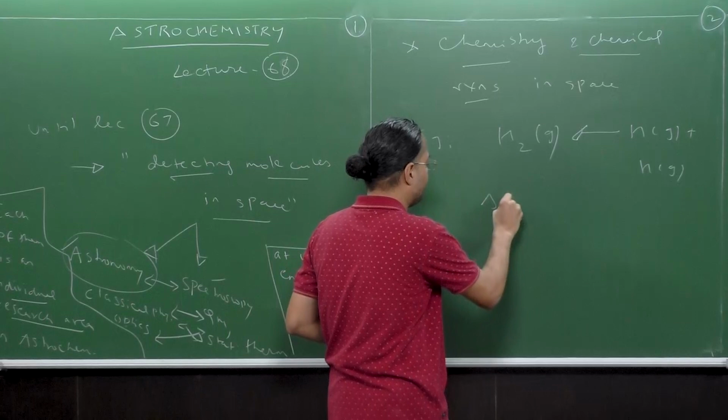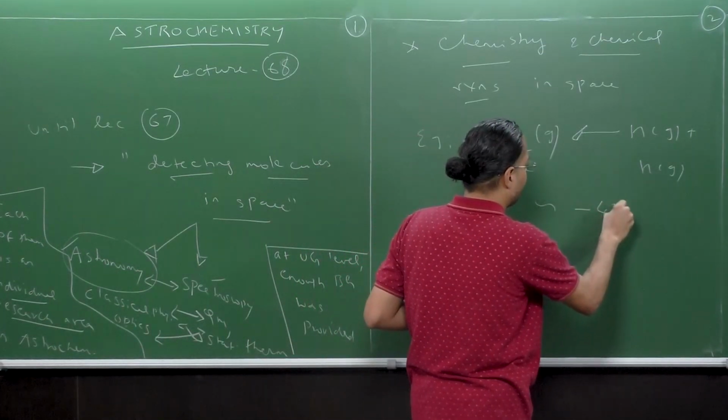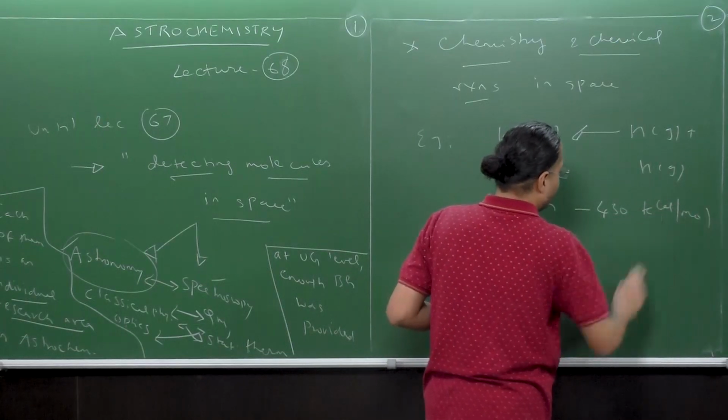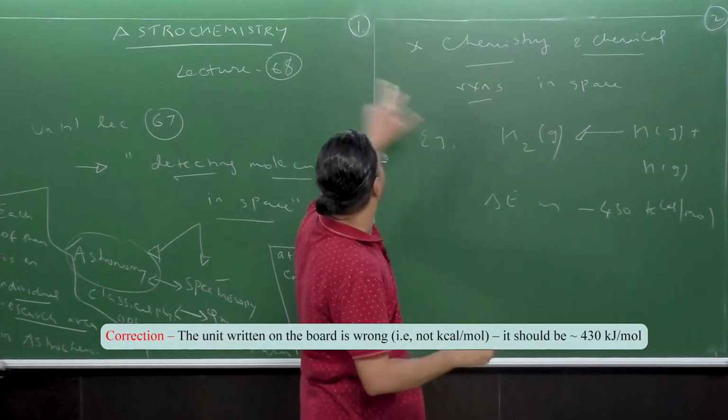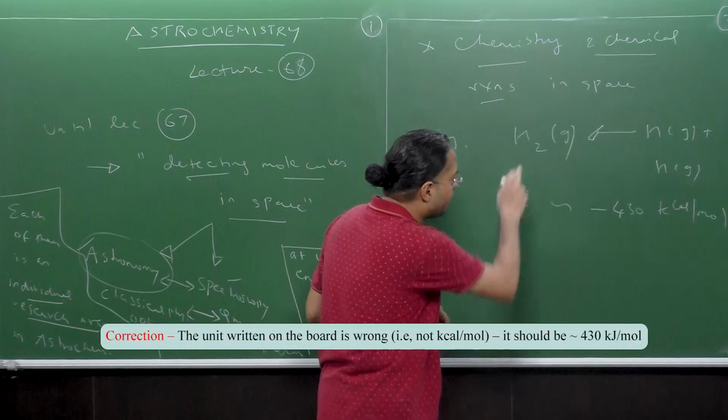The delta E for this process, if I recall, is close to negative 430 kilocalories per mole. You can go back and verify this number precisely. Now, it does not happen in the ISM.